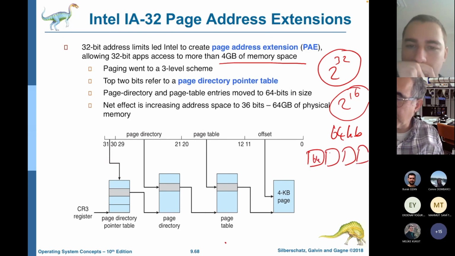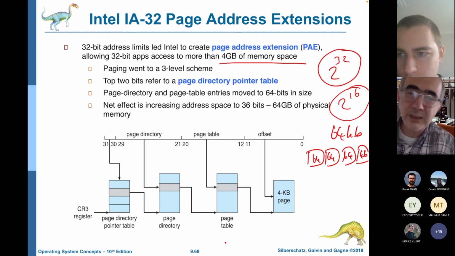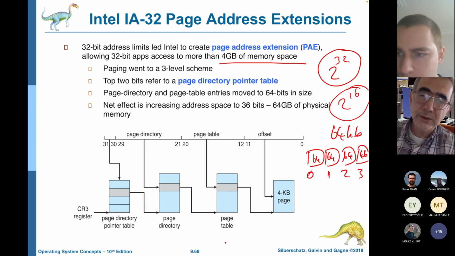Each of them is 64. So just introduce an instruction indicating which bank you are in now. This is bank 0, bank 1, bank 2, bank 3. So tell the memory manager which bank you are going to work in at that particular time.